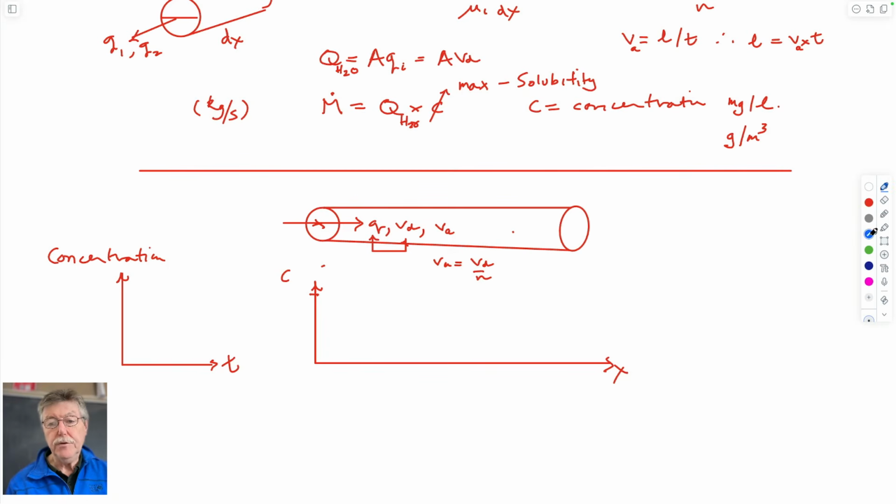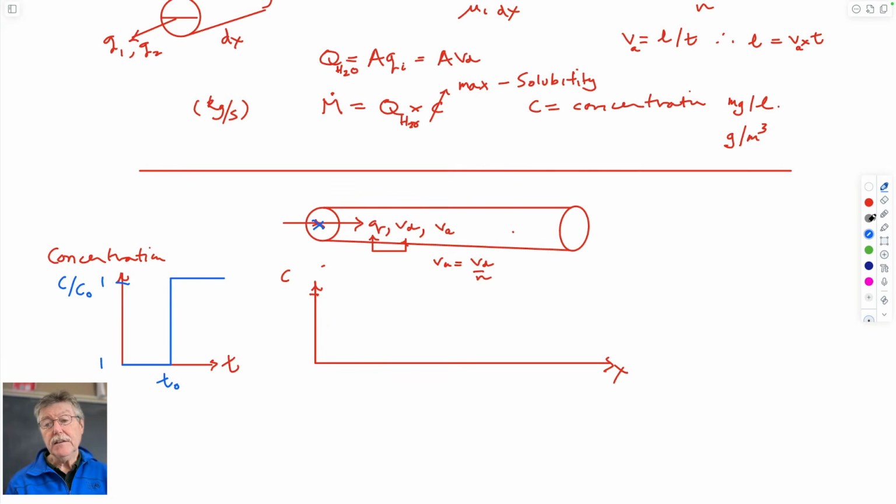So you can imagine putting something in here at time 0, which is this pulse. And so this is concentration relative to some initial concentration, which we can call 1. This is time t0, if you like, when it starts.